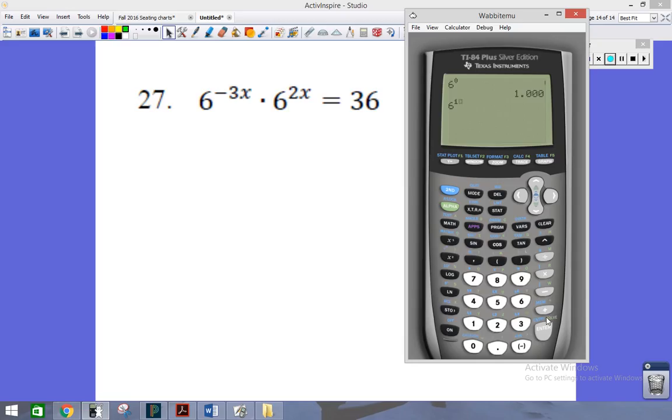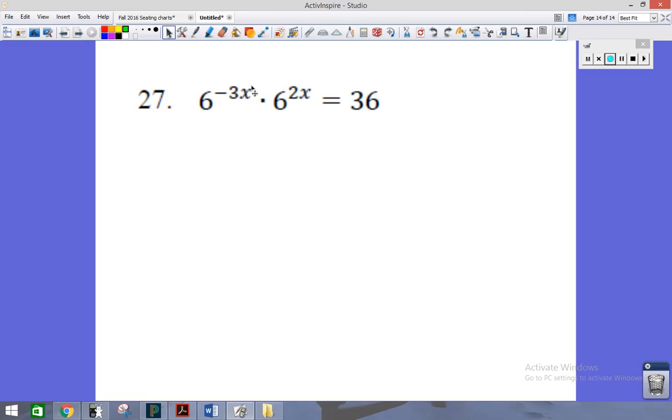Well, the calculator also knows that's 6. And 6 raised to the second power means 6 times 6. Hey, 6 times 6 is 36. So I found it. I have a base of 6 here, a base of 6 here, and a base there of 6. But the problem is on the left-hand side, I need to have just a single base. I've got 2 of them.